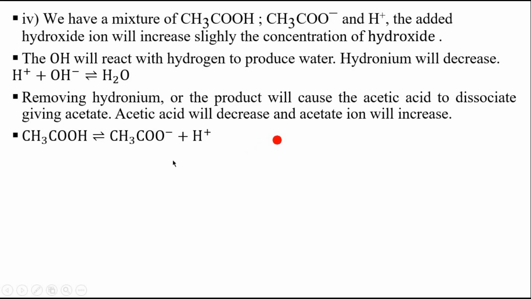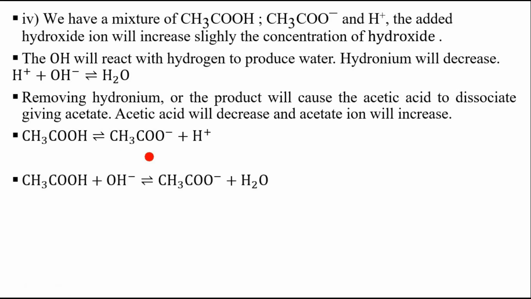So here the acetic acid will decrease because the equilibrium will shift from left to right. Acetate will increase. Of course, the hydronium will be decreasing because it is going to be reacting with the added hydroxide.